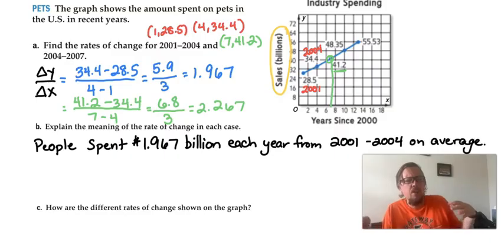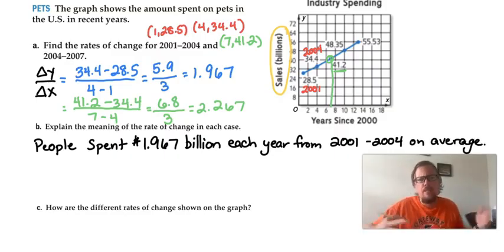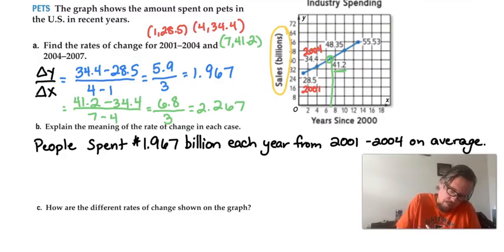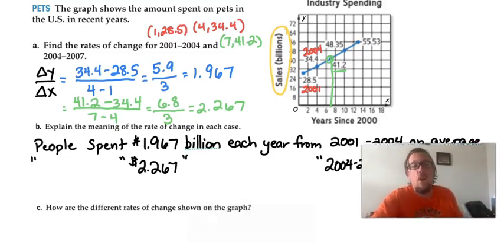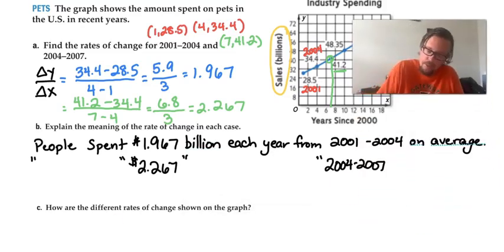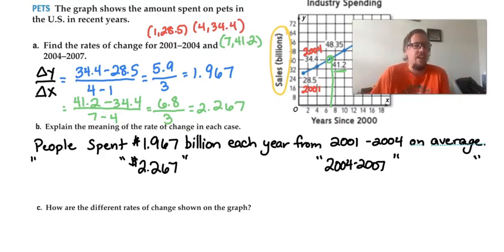And then for our other period of time, 2004 to 2007, it's 2.267. So people spent $2.267 billion each year from 2004 to 2007. Again, on average. We don't mean they literally spent that much every year, just mean on average.